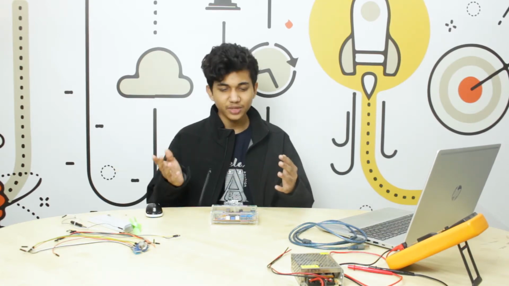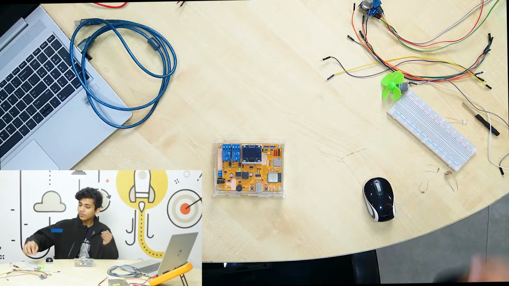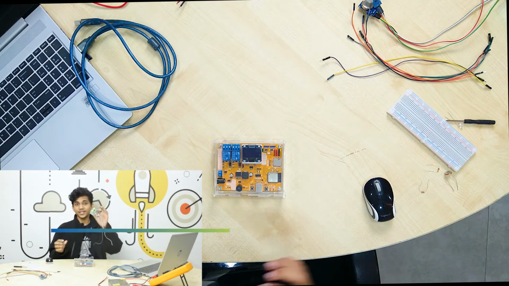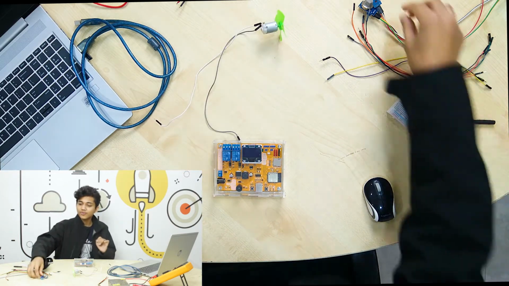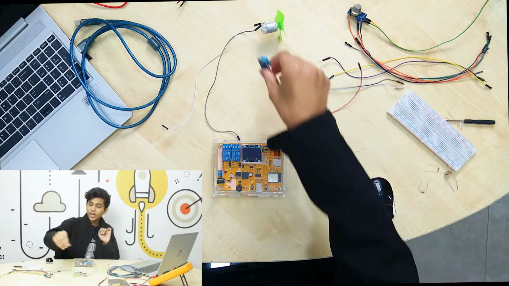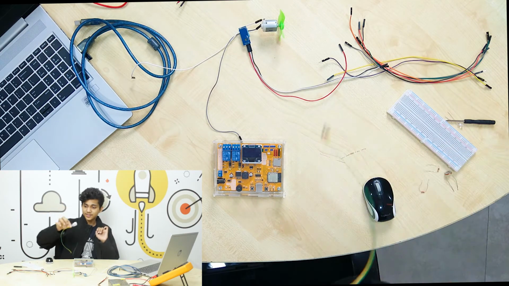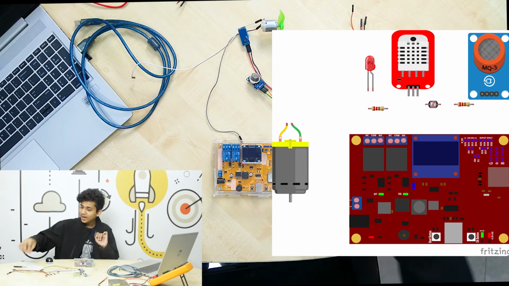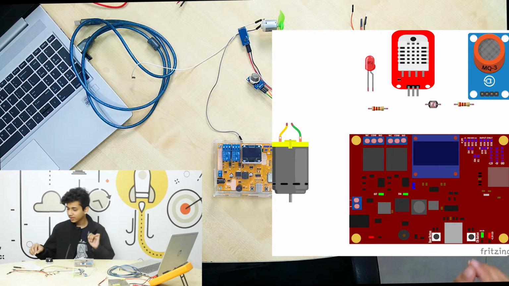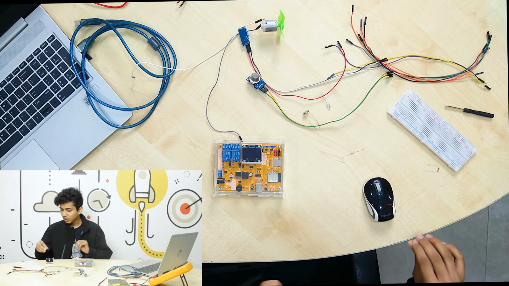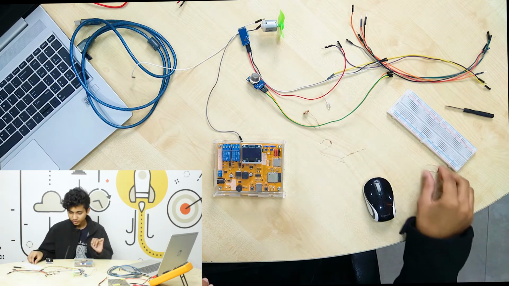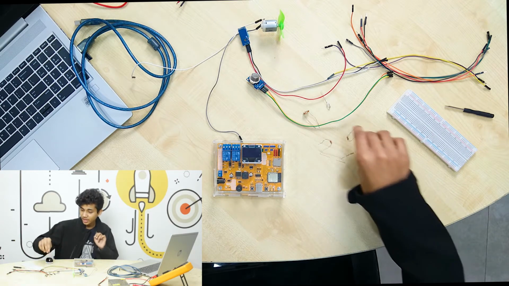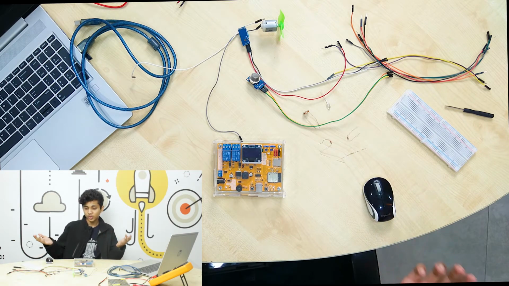So let's see what the required components are. We have our fan, a DC motor acting as our fan or AC, the temperature sensor, a gas sensor, and an LED arm. Also we have a small LED, a 220 ohm resistor, and another 10 kilo ohm resistor.